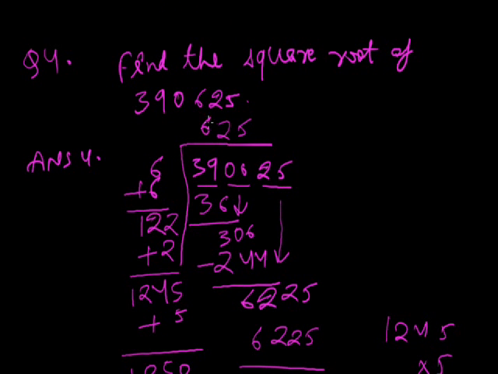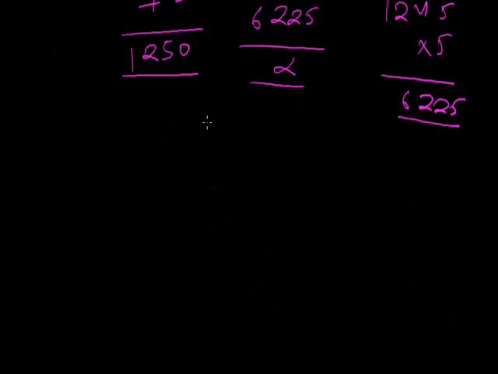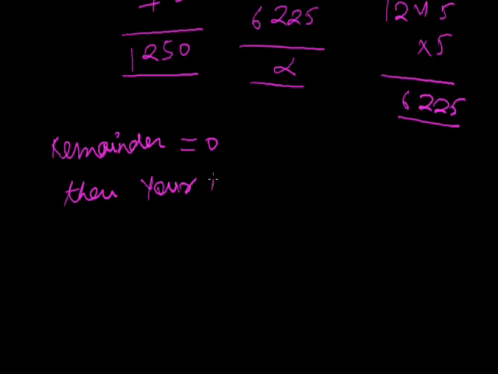So, as I told you earlier also, when the remainder is coming as 0, then your quotient is your answer. Now moving on to the next question.